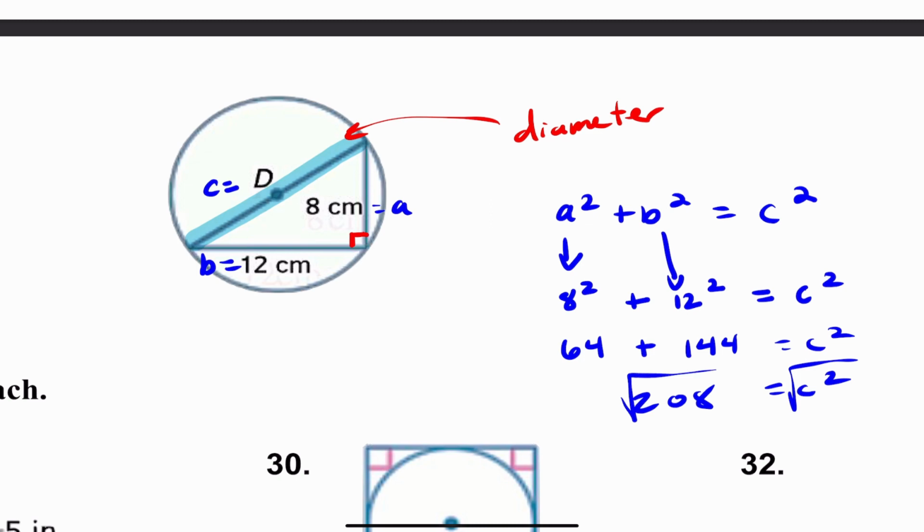Now what we're going to do is simplify the radical.